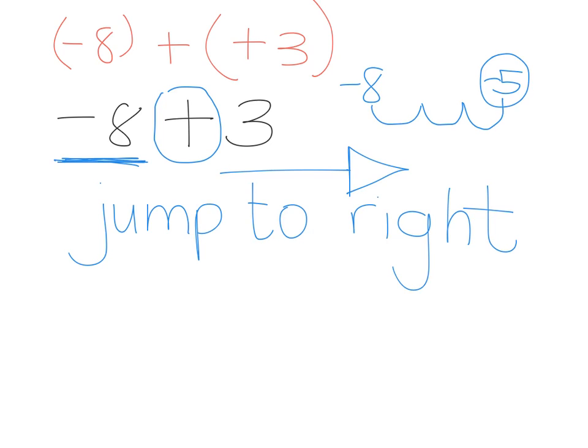Okay? If, however, our sum looked like this, it was -8 take 3. Okay, we would do the same thing. We would begin with our first number. Then we would have a look. What is our sign next to it? It's a take, a negative, which means we have to jump to the left.